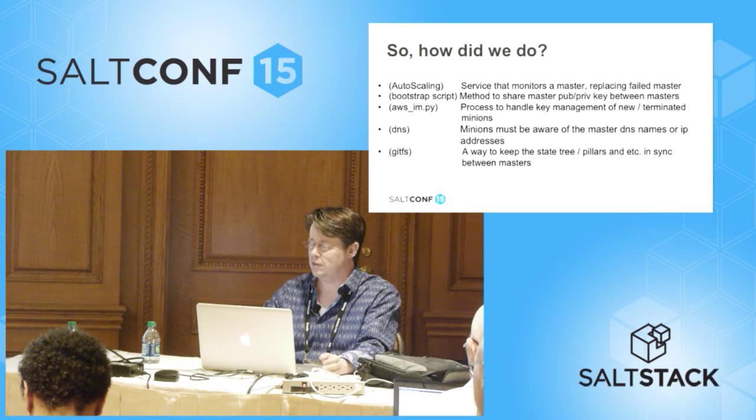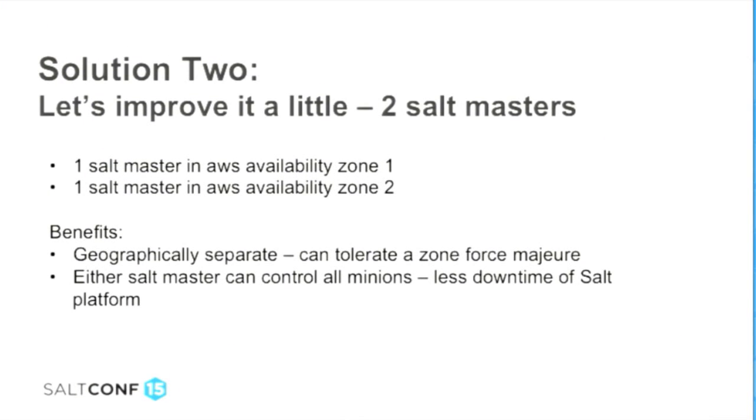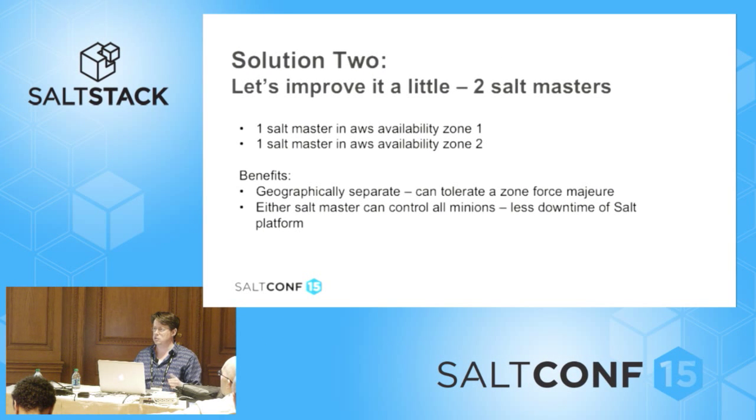So solution 2 is, let's just use 2 salt masters. The first one was, hey, I'm going to replace myself if I die, and I'm going to become the same guy I was yesterday. The new one is, let's use 2 salt masters, because 2 is better than 1. The use case really here is some geographic separation, or if you don't want any downtime while some minions may be trying to send events to masters. This is a way to catch that and not have to deal with that issue.